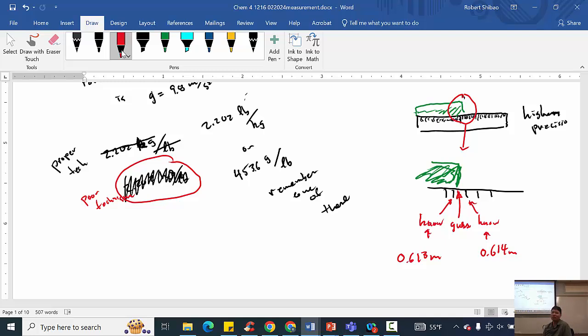Before halfway or after halfway? What I know is it's greater than 0.613. Is there any uncertainty that it's more than 0.613? These are what we call certain digits.